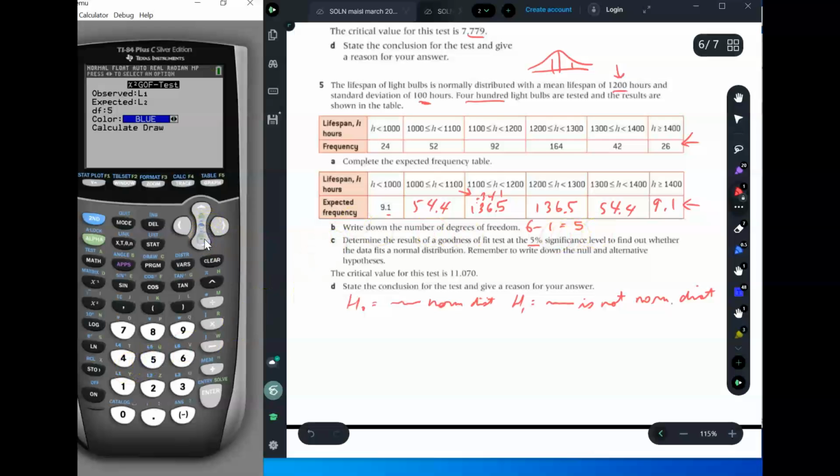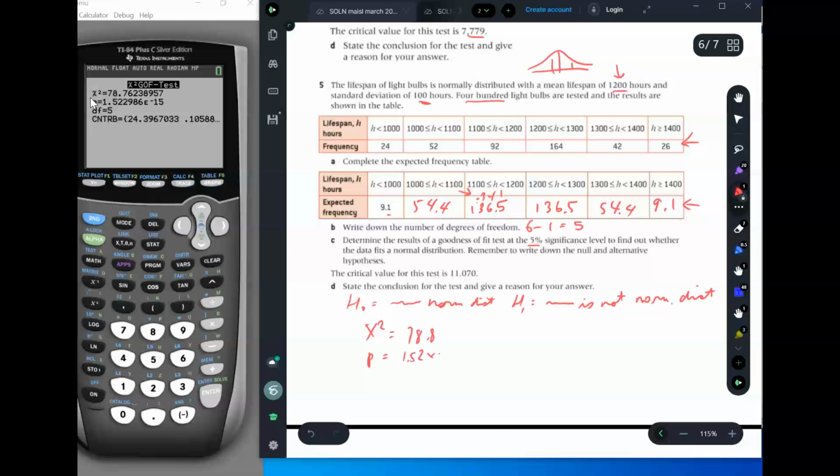And then I go down to calculate and I press enter. And the answer is chi-squared equals 78.8, and I'm going to write that down. And the other thing I'm going to write is that the p-value is 1.52 times 10 to the negative 15th, super small.